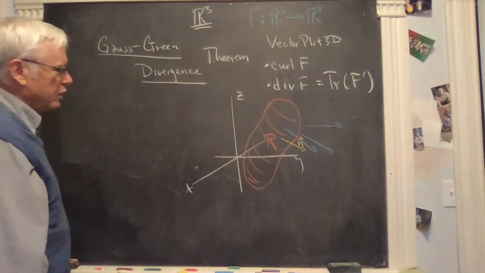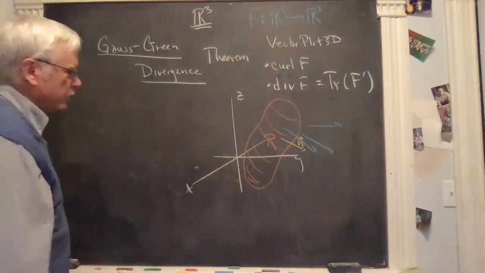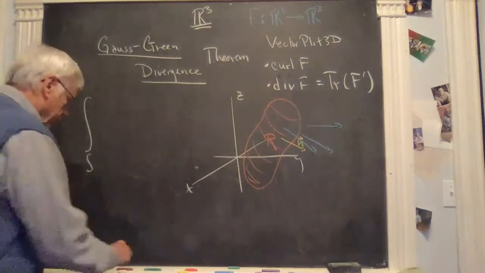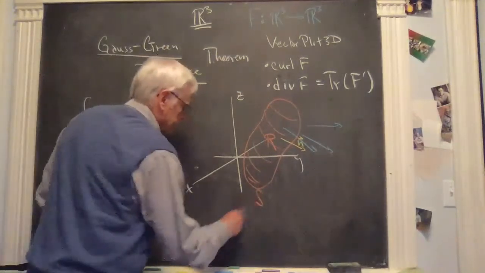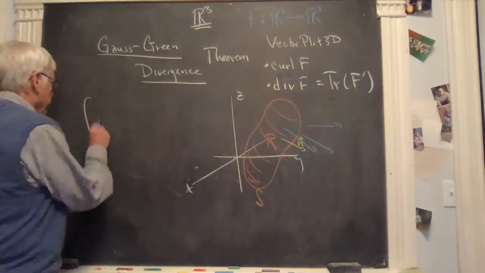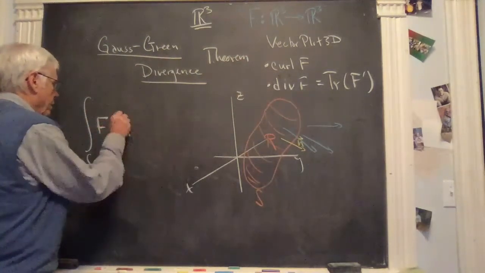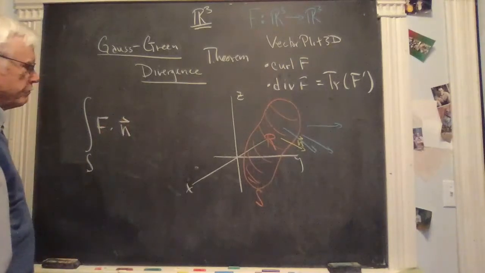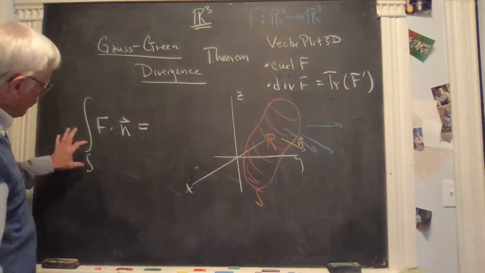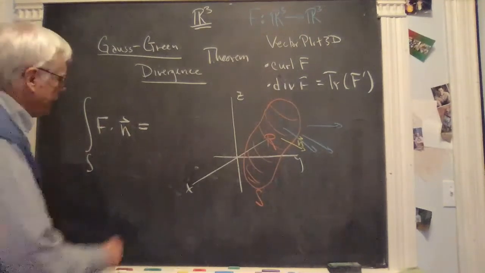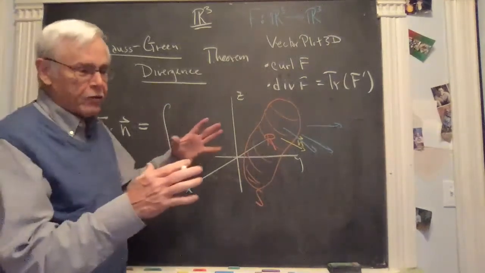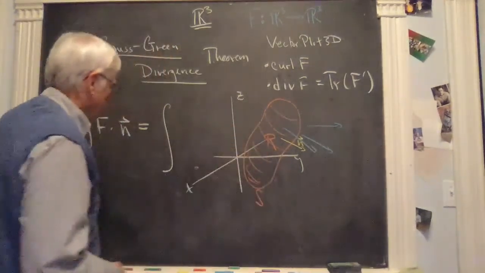And so now let's take a look at what we're going to do here. If we look at the integral over the surface S of the flux integral, so this will be F dot n, we're going to change this to an integral over the inside, everything inside S, like Green's theorem changed a line integral to everything inside that line integral.